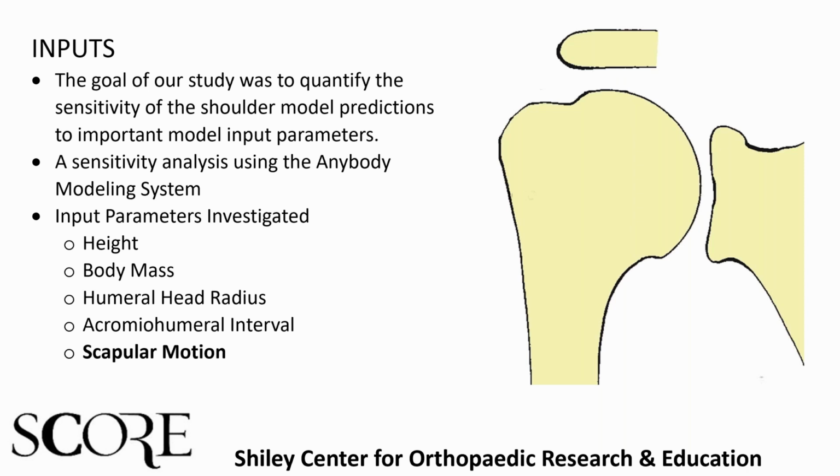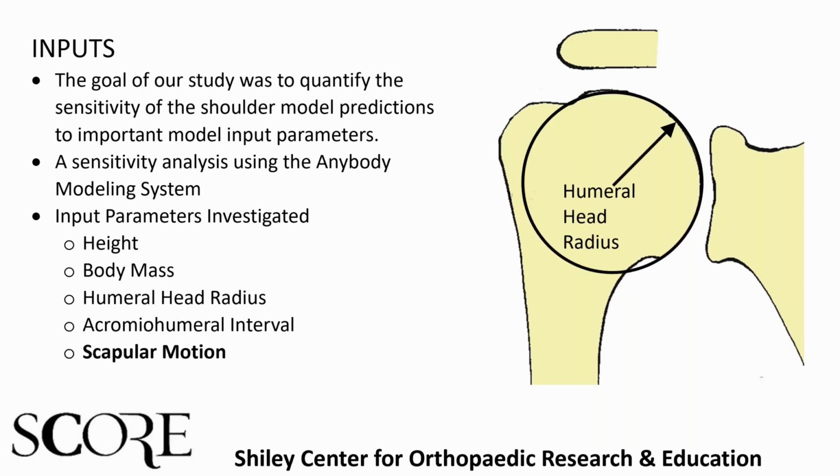We had 5 input parameters: the height of the model, the body mass of the model, the humeral head radius, the acromiohumeral interval, and the scapular motion. So we actually varied the degree to which the scapular motion moved compared to what the humerus was moving.